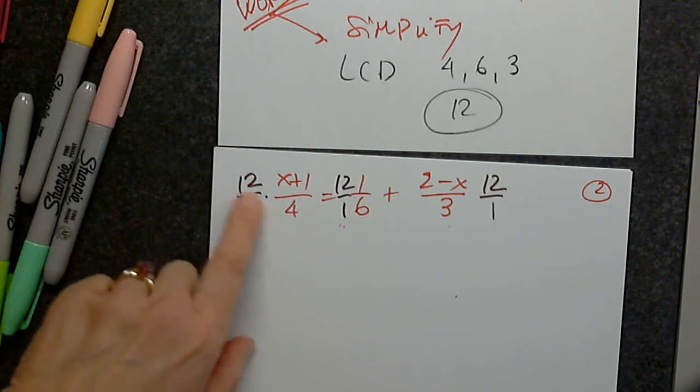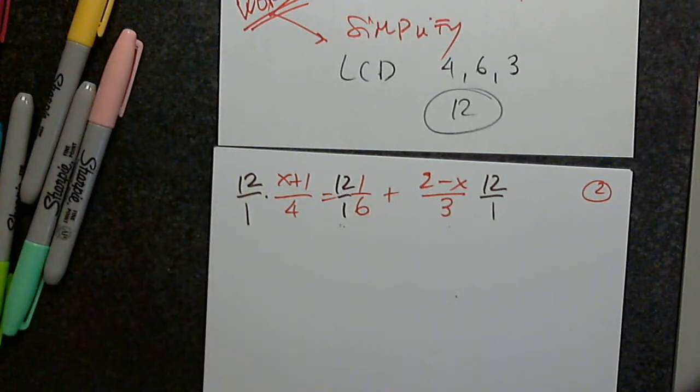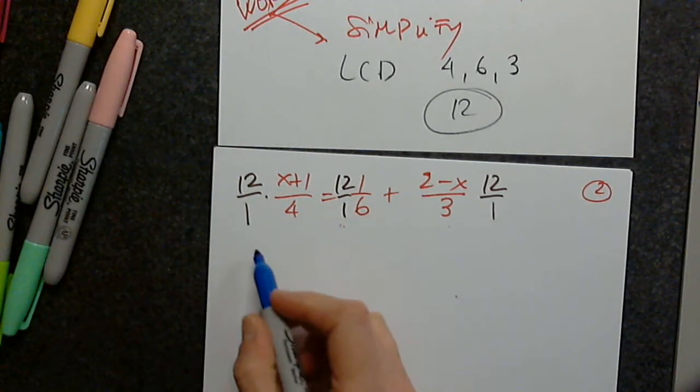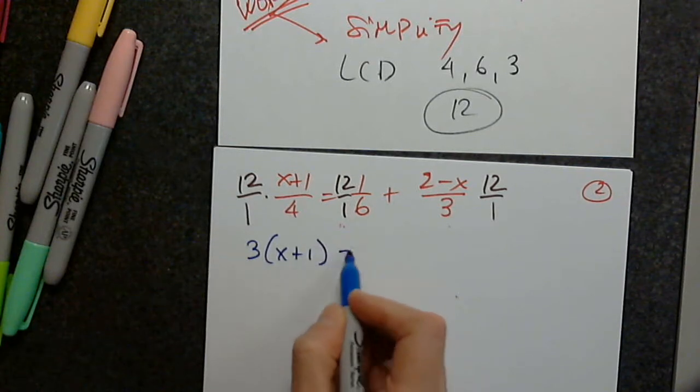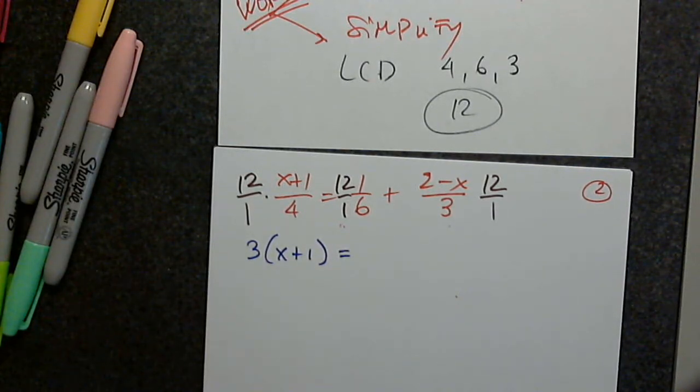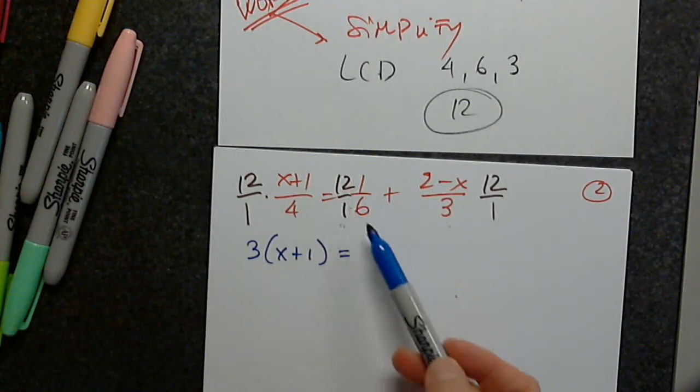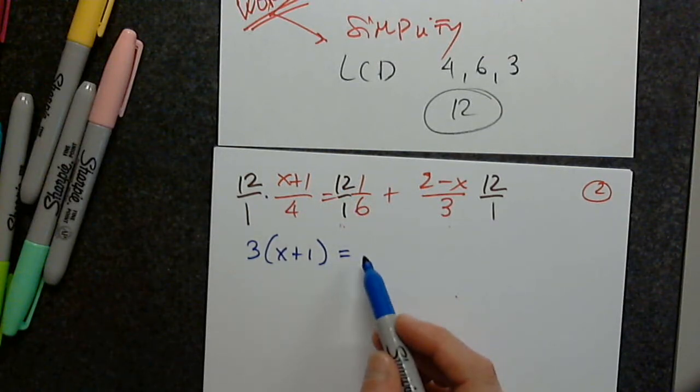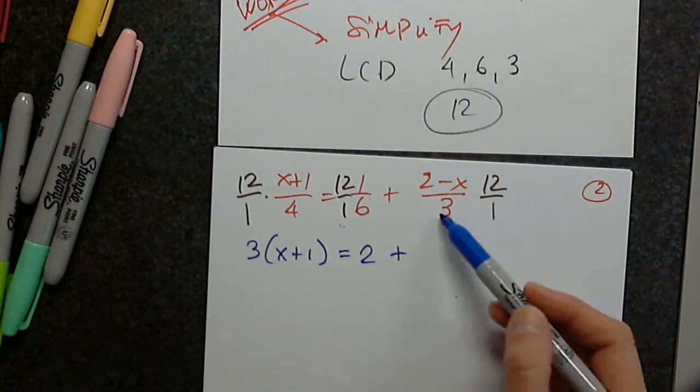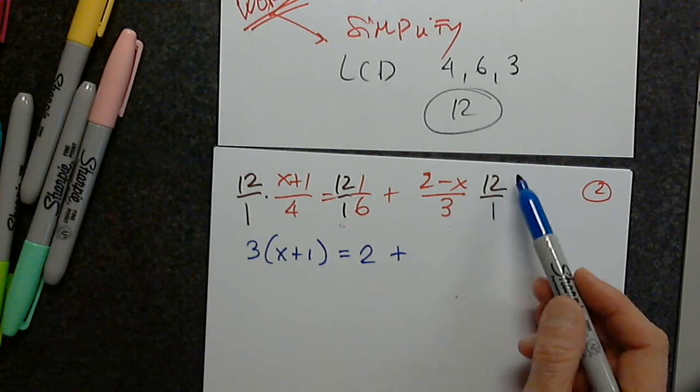So when I simplify 4 and 12, what do I get? Right, so I get 3 parentheses x plus 1. Excellent. When I simplify 6 and 12, what do I get? 2. Very good. Plus. When I simplify 3 and 12, what do I get?